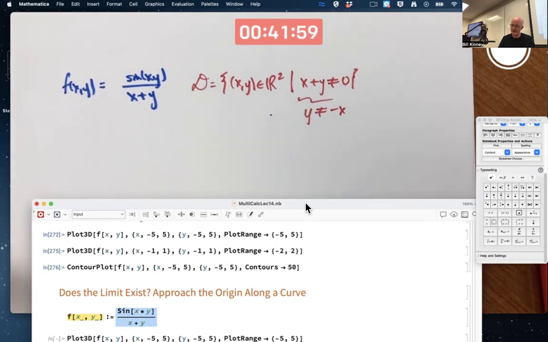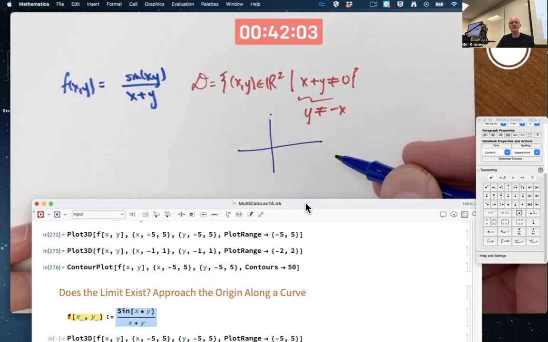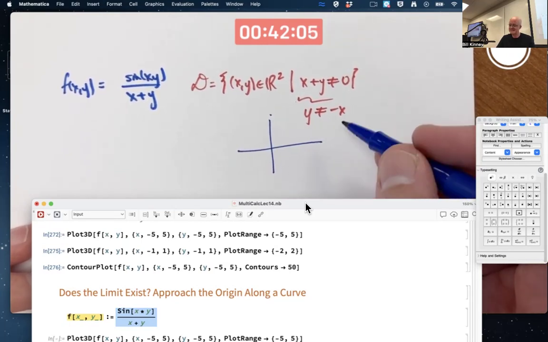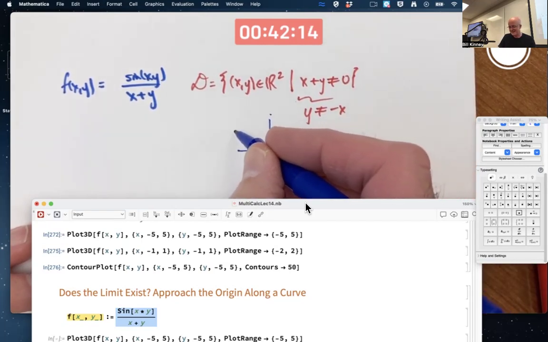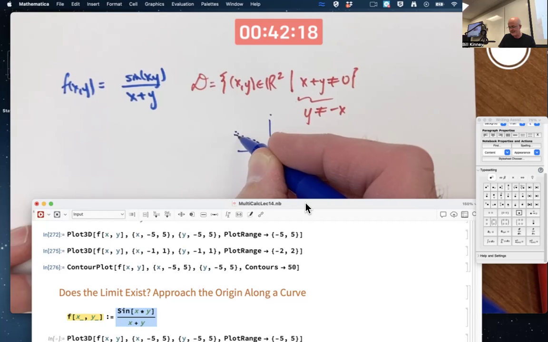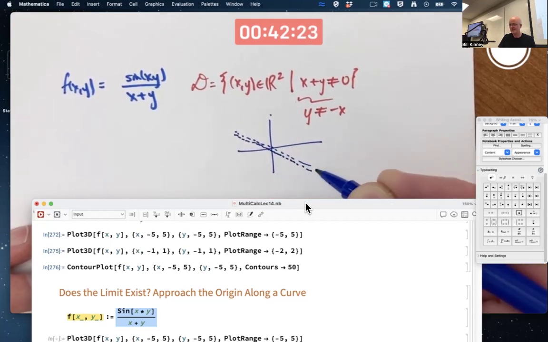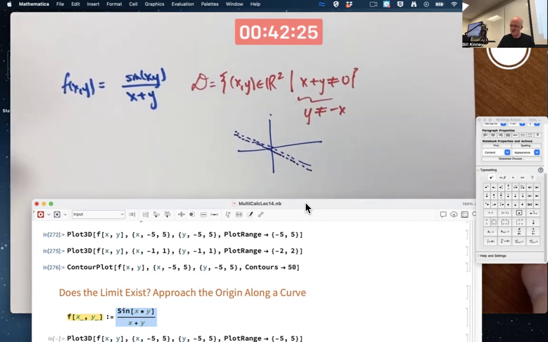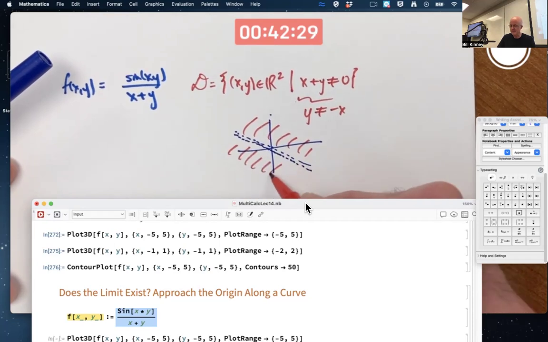So if you're going to draw the domain, you want to consider all the points in the domain except the points on the line y equals negative x, which goes through the origin with a slope of negative 1. So if you're going to try to draw it, this is a little bit misleading, but you might try to draw sort of a dashed line in a thin empty strip with a slope of negative 1 through the origin and shade everything else up here and down there.